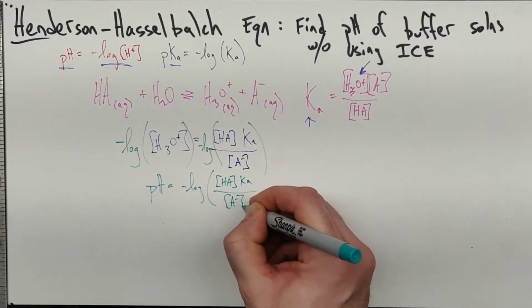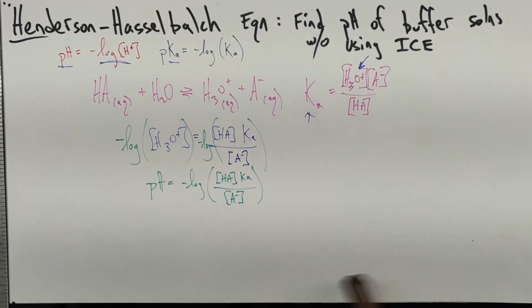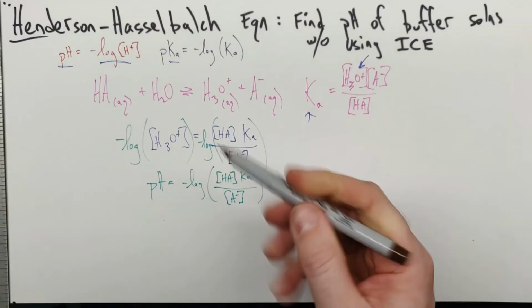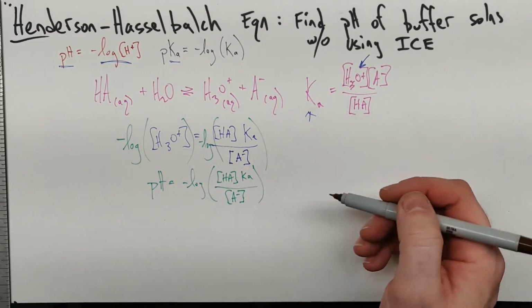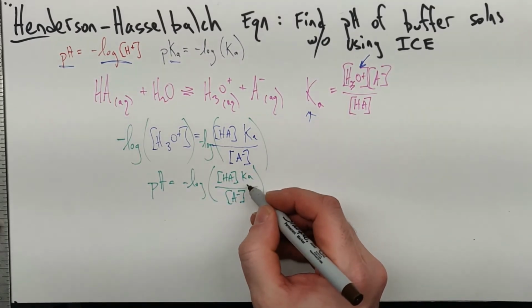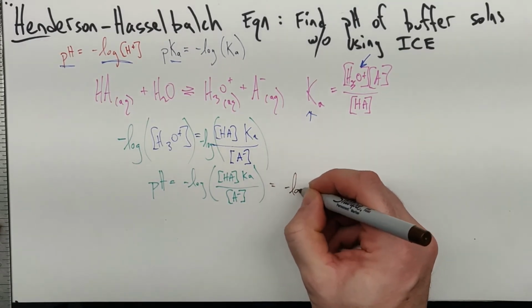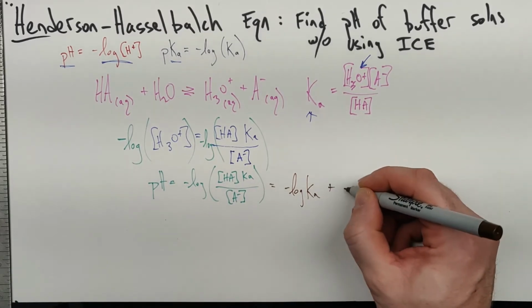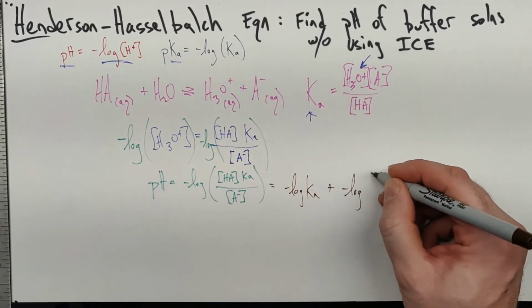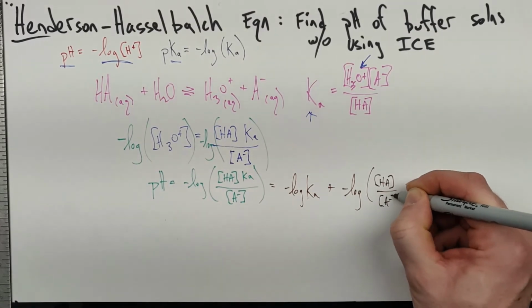Alright, and in this particular case then, we end up with pH equals the negative log of concentration HA Ka over concentration A minus. Now, if you know some basic ideas for logarithmic operations, when you have multiplication and division within a parenthesis, that can become addition and subtraction outside of the parentheses. So I'm going to isolate this Ka, and we can say then that the negative log of Ka plus the negative log of concentration HA over concentration A minus.